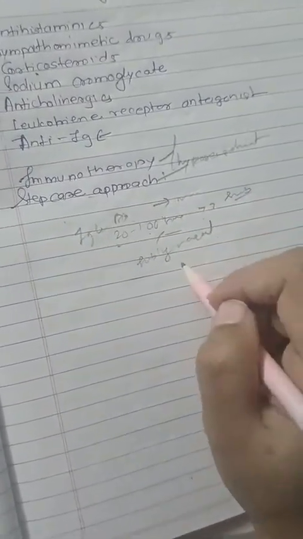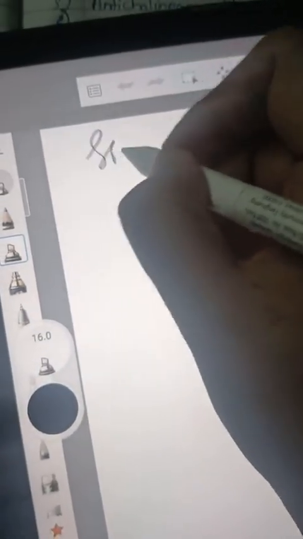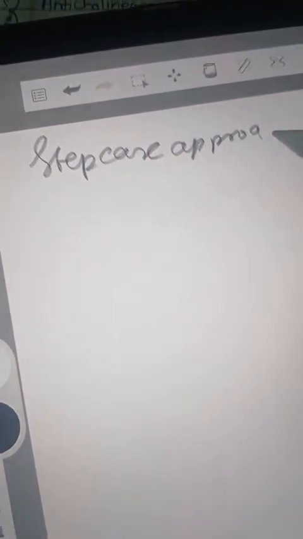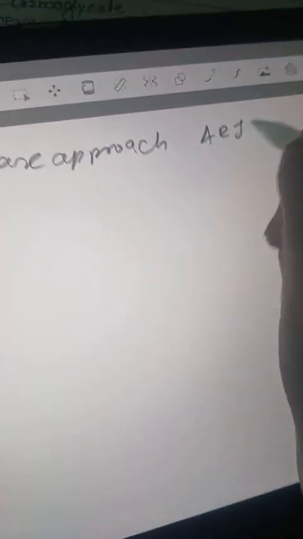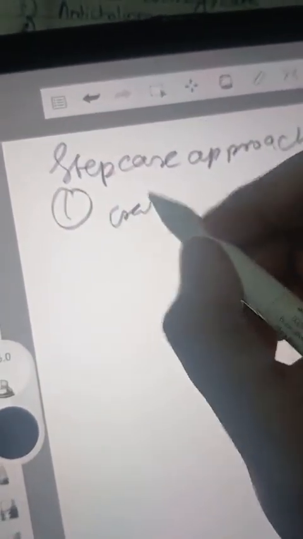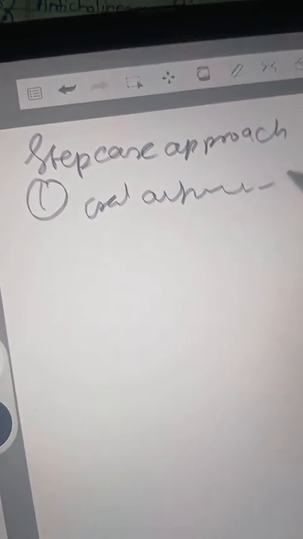Now let's discuss the step care approach recommended by ARIA for allergic rhinitis treatment. First, oral antihistaminics or intranasal cromolyn sodium are recommended for mild intermittent disease.